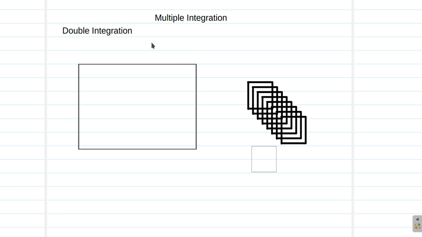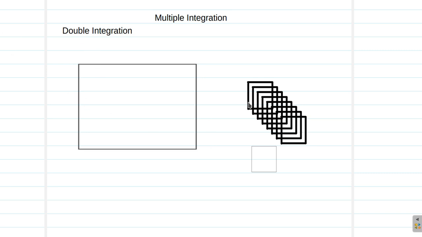But the fact is, it is double integration that is used to find area. It seems as if you did single integration because you really bypassed the first part of double integration. But we'll soon look at that. And triple integration is used to find volume. Alright?